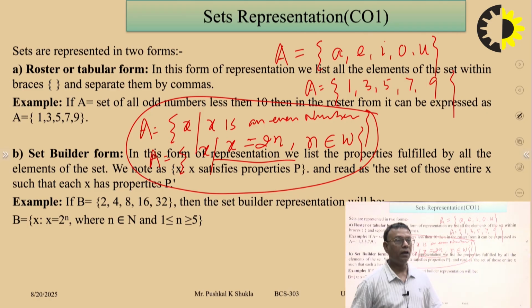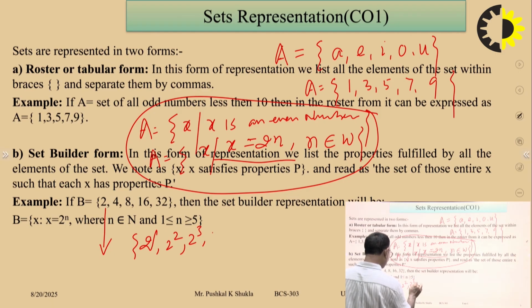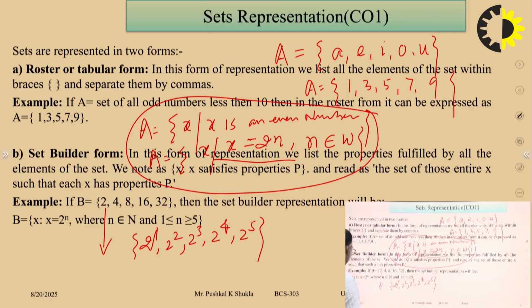Another example: B equal to {2, 4, 8, 16, 32}. How do we represent this in set builder representation? Here we can write this as 2 to the power 1, 2 to the power 2, 2 to the power 3, 2 to the power 4 and 2 to the power 5. So how can we write this in set builder form: B equal to {x such that x is 2 to the power 1 that is 2, 2 to the power 2 that is 4, 2 to the power 3 that is 8}.